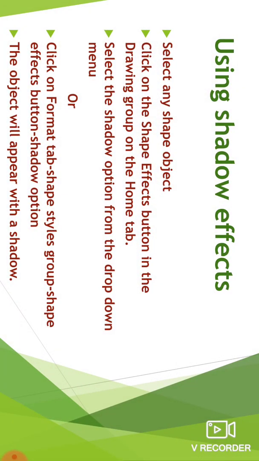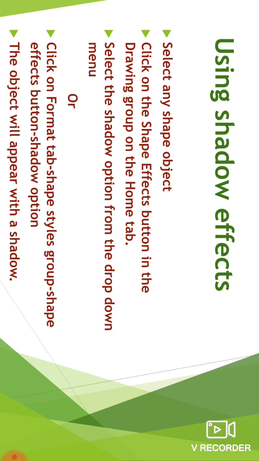Using shadow effect. This I told you in which option? In the word art option. Here also I am telling you, select the shape, select the word art, select the clip art, whatever you want, whatever you want to give the effect to, select that thing. Then you can see a drawing group. Under the drawing group there is a home tab option. Select the shadow option from the drop down menu or from the format tab also. Means two methods are there.